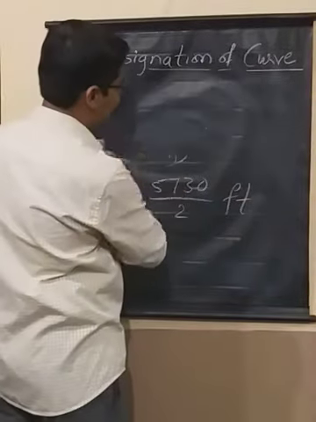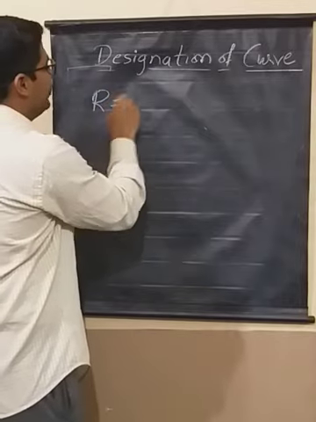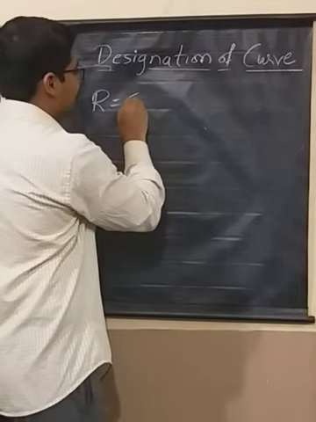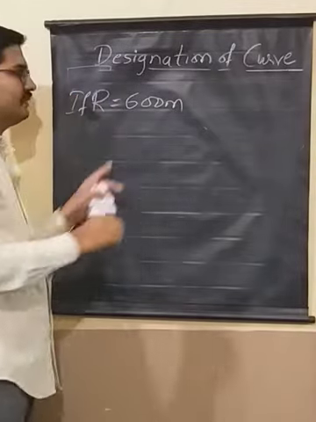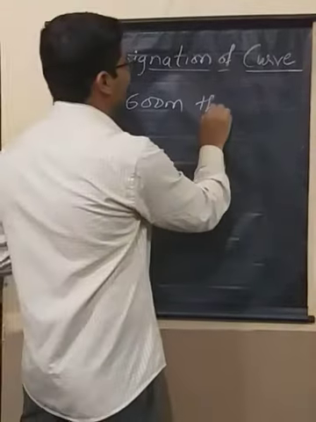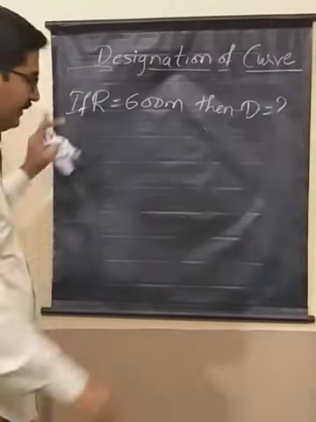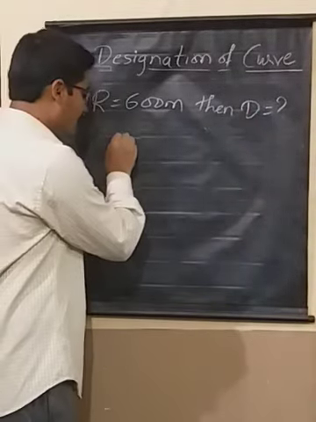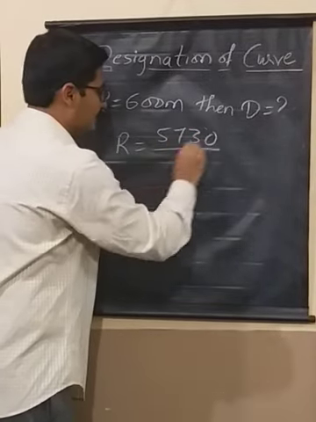In a similar way, sometimes radius will be given as some number like 600 meter. If the radius of the curve is given as 600 meter, and they ask you what is the degree of the curve, then you should be able to calculate. The formula remains the same.